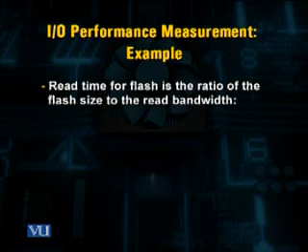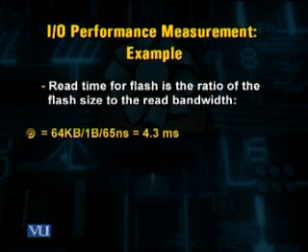Now if we calculate the read time for the flash, we must know that the read time for the flash memory is the ratio of the flash size to the read bandwidth. The given data shows that the flash size we are assuming is 64K byte, and the read bandwidth is 1 byte per 65 nanoseconds.